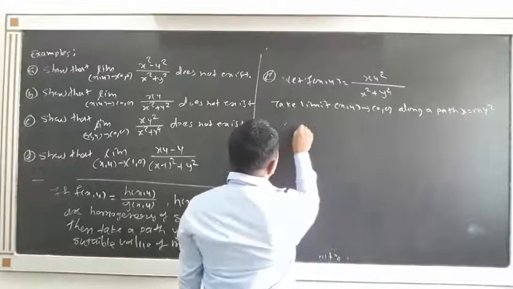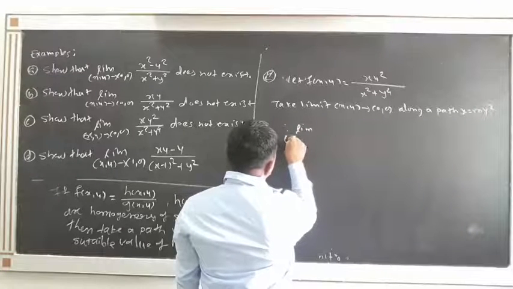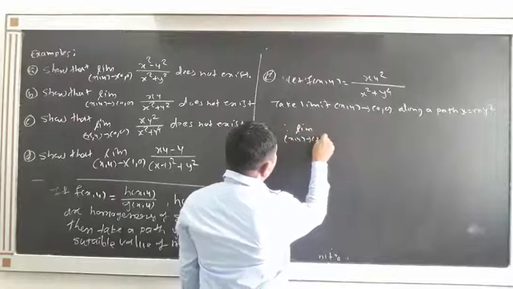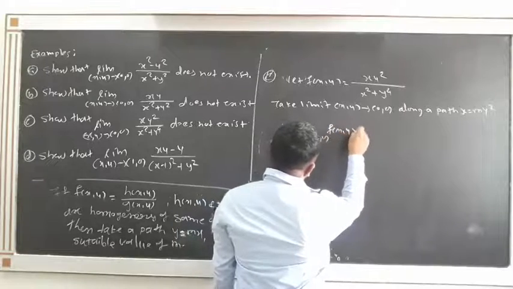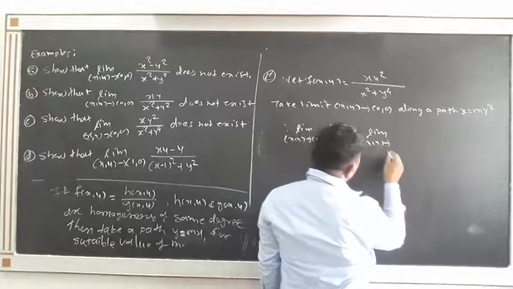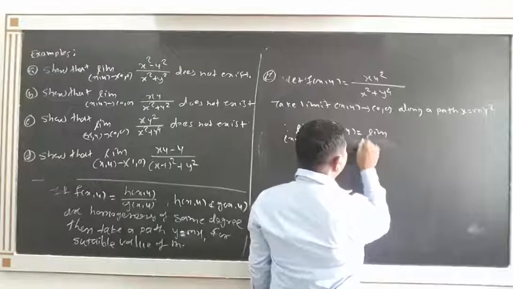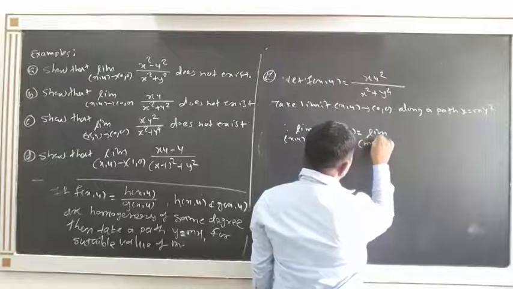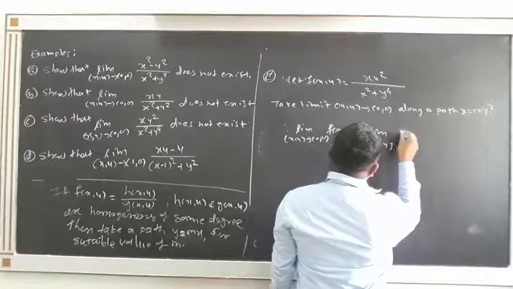So what we are getting? Limit xy tends to 0 0 f of xy is equal to limit, or y, what we can write, my square y.